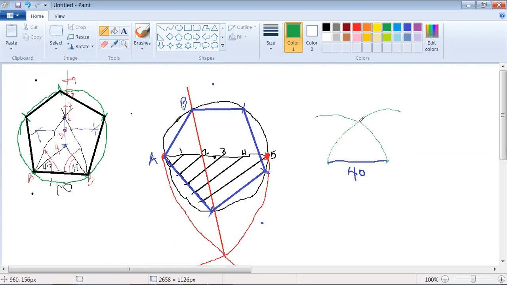The intersection of the two arcs here is where we're going to place the compass, from this intersection to this point or to this other point.